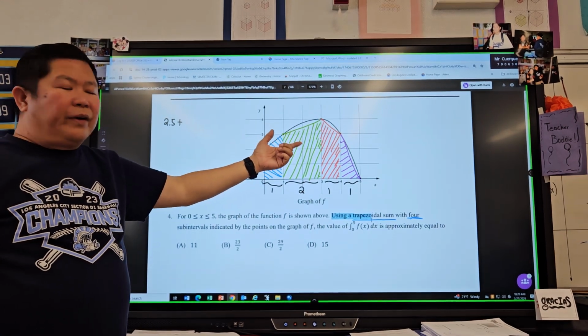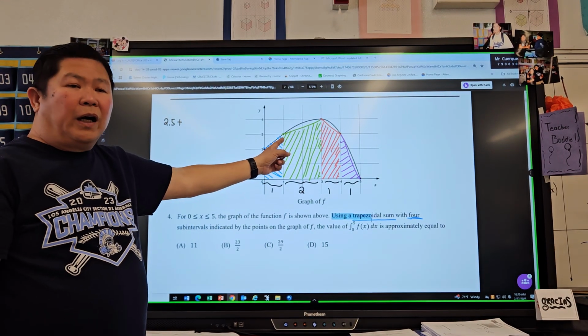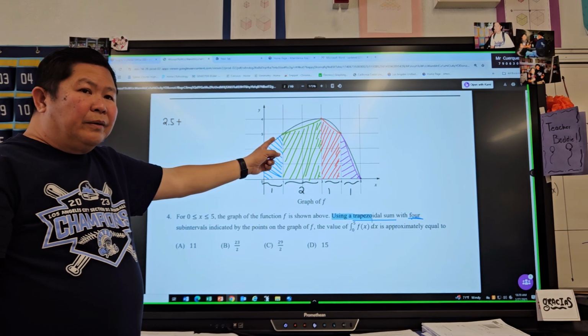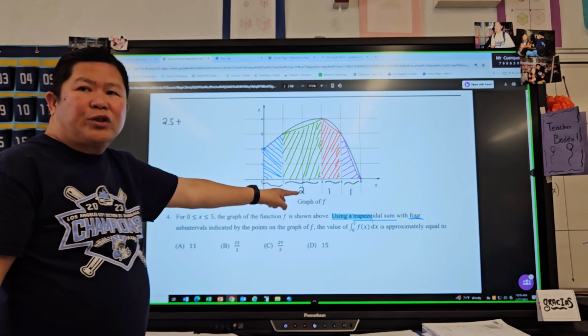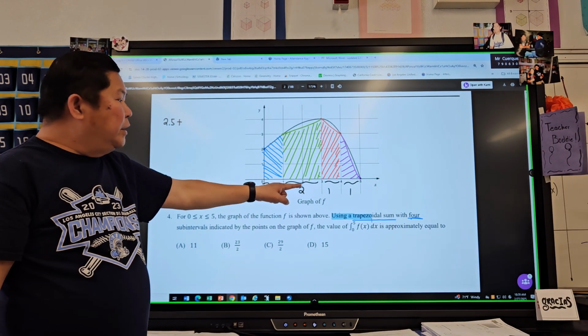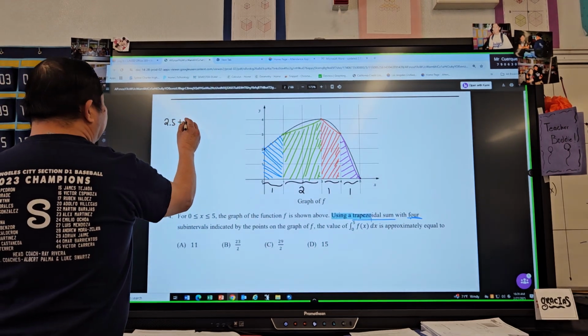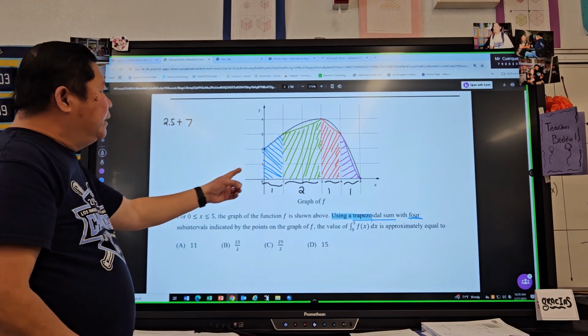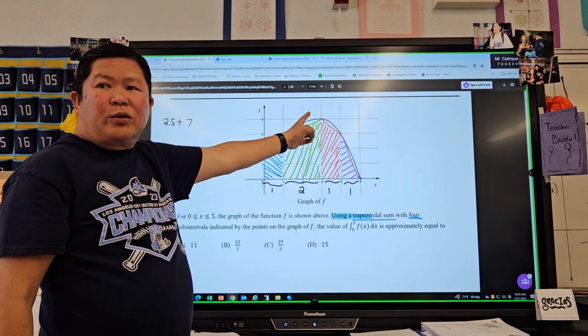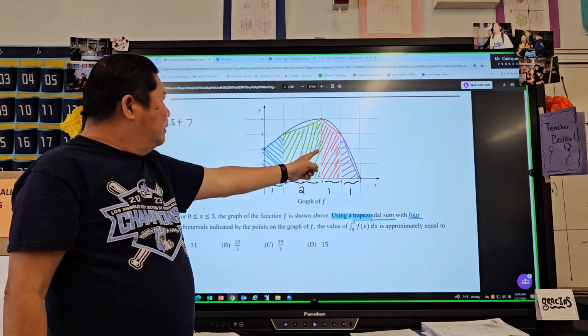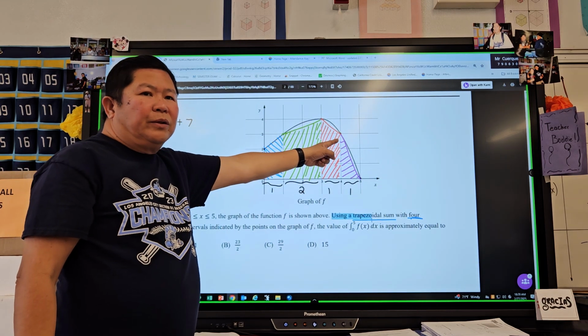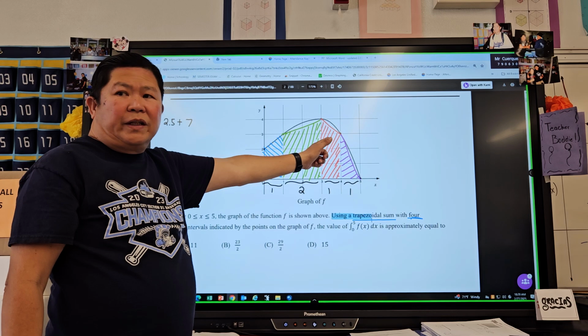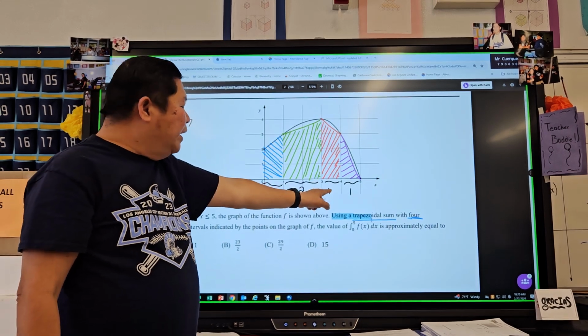So, 7 divided by 2, 3.5 times 2. 7. So, plus 7. Then, let's have this one. What's base 1 here? 4. What's base 2? 3. So, still 7 divided by 2 is 3.5 times 1.